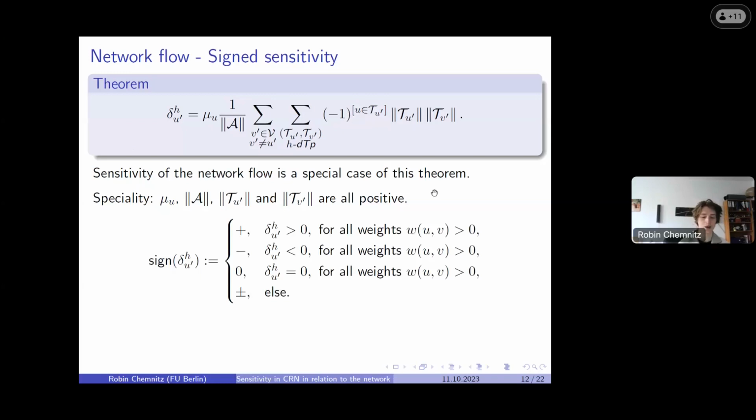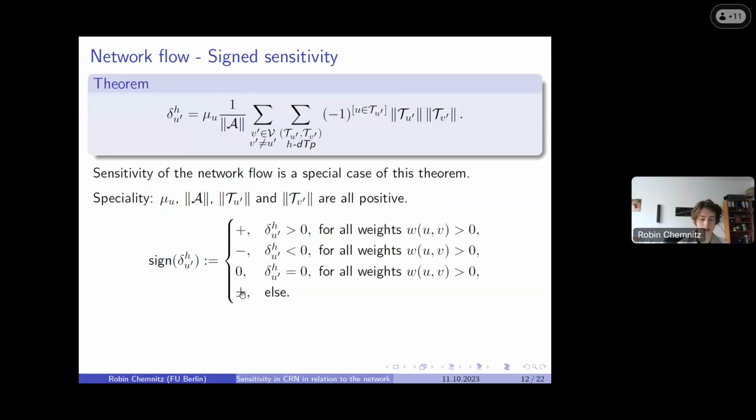And now we are interested, are there weights that make this quantity positive? Are there weights that make this quantity negative? And we say that the sign is positive if, no matter what weights we choose, this will always be positive. We say that it has a negative sign if no matter what weights we choose, it will always be negative. Zero if it's always zero.